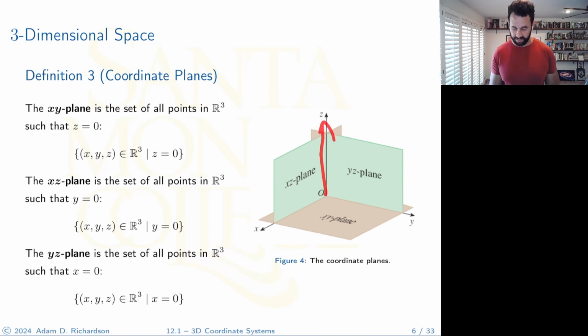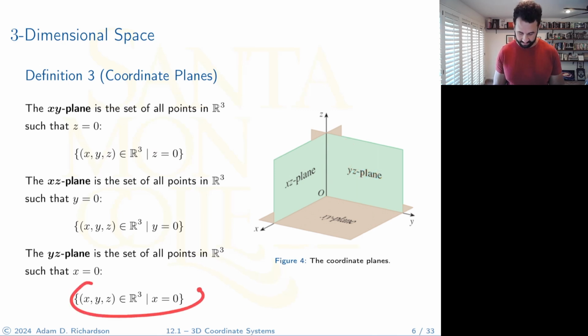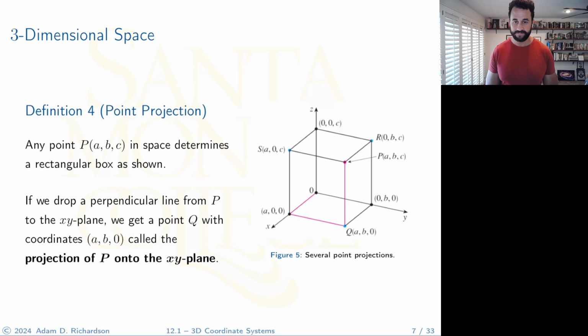But I could go up in the z direction, or I could go that way in the x direction. And so that gives you the xz plane, right? Similarly for the yz plane right here. So the yz plane is just the plane that you get when you set x equal to 0. And those are what we call the coordinate planes. So if you hear me use that term, coordinate planes, that's what I'm talking about.